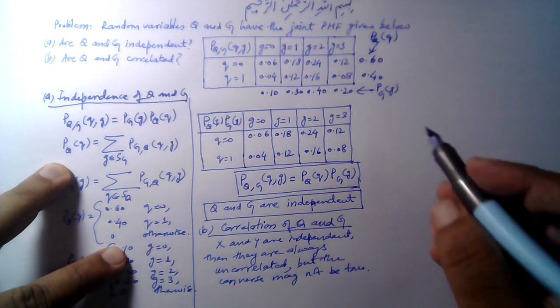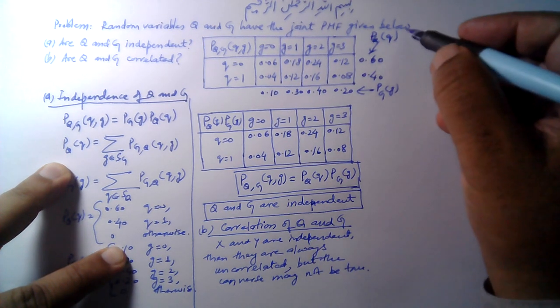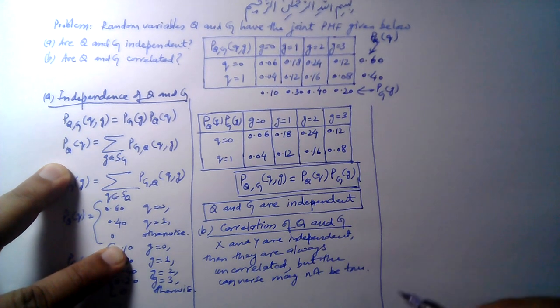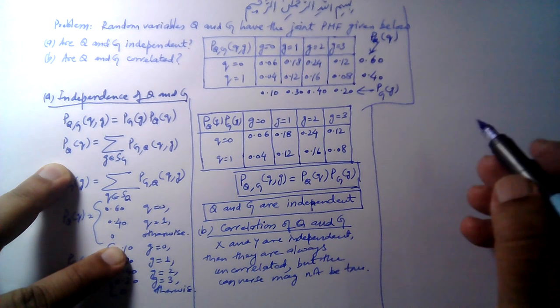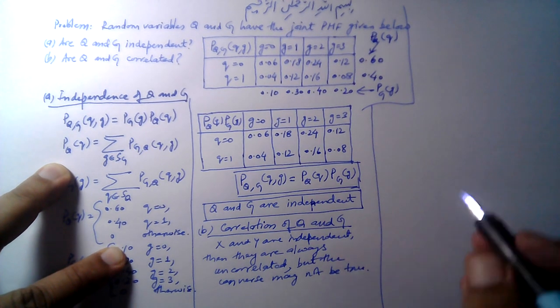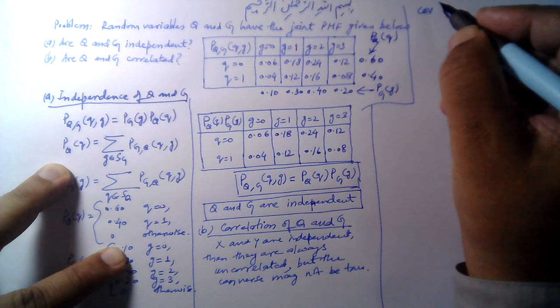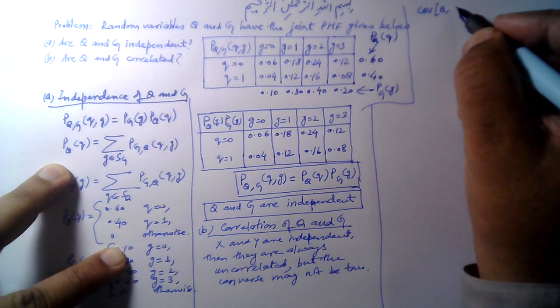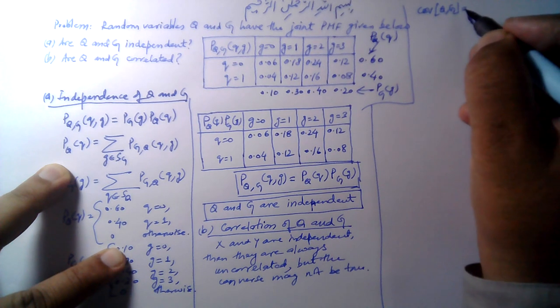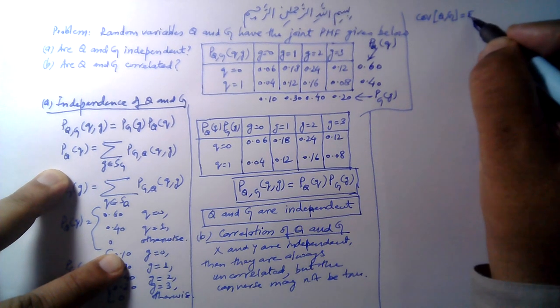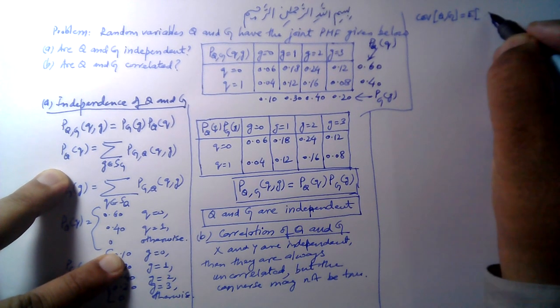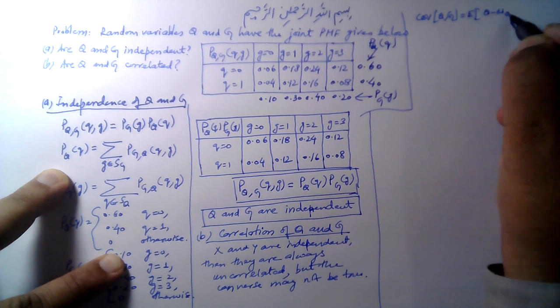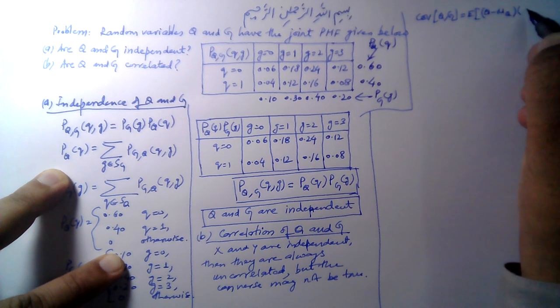So the test of correlation is done by evaluating the covariance of random variables X and Y. So the covariance of random variables Q and G is given by this function, the expectation of Q minus mu Q times G minus mu G, right?